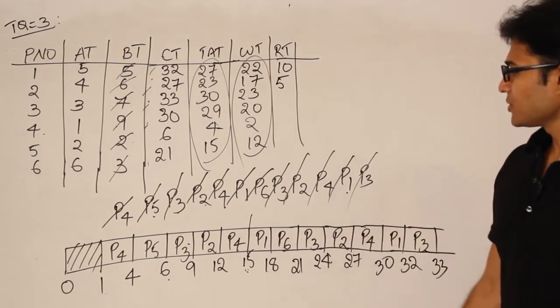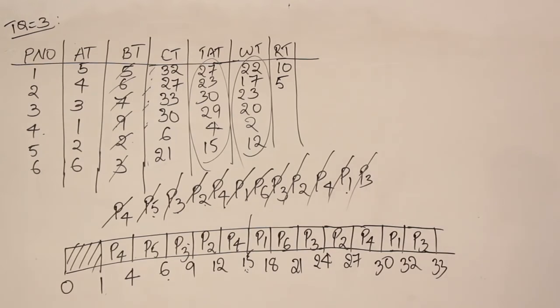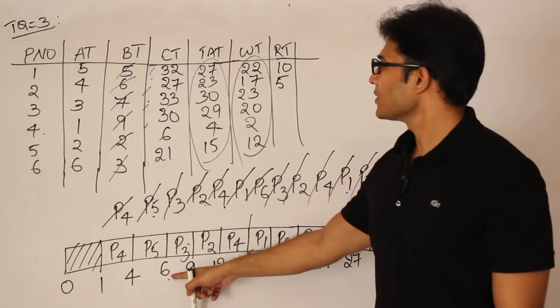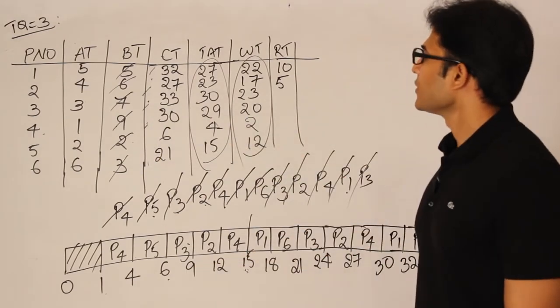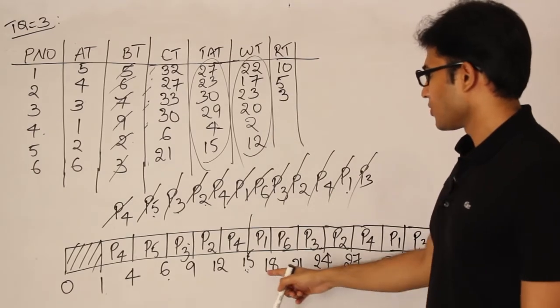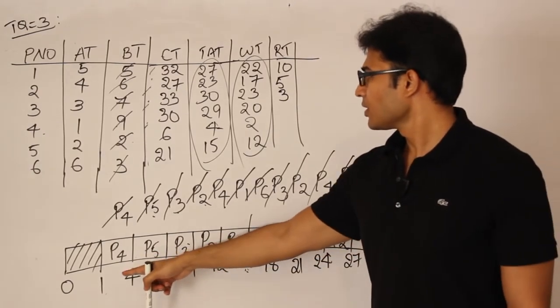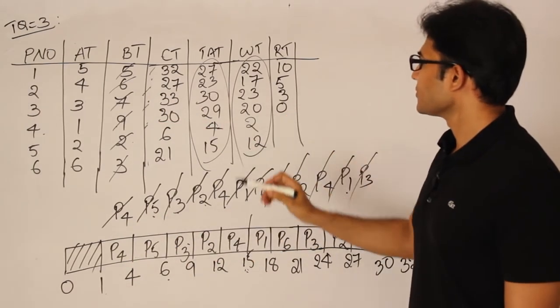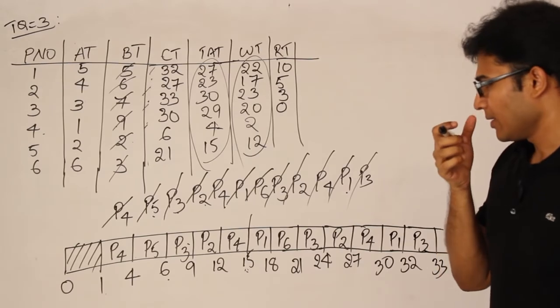And what about the response time for P3? P3 got scheduled at 6, but it arrived at 3. Therefore its response time is 3. And what about P4? It got scheduled at 1, but it arrived at 1. Therefore response time is 0, which means it responded immediately, right?